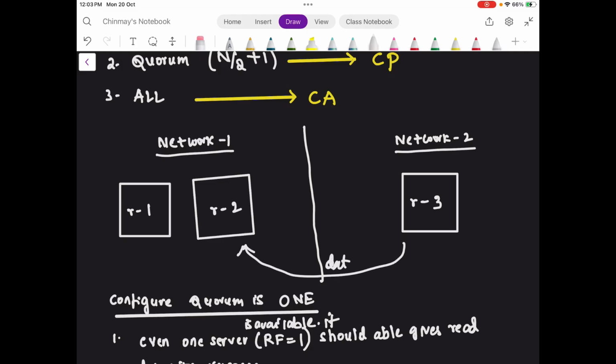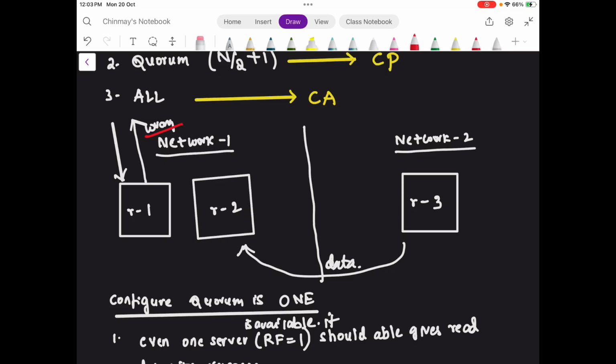During the data transfer, if any read request comes to network 1, there is a chance it gives wrong data, because the transfer is not yet completed, so it does not give the recent write.